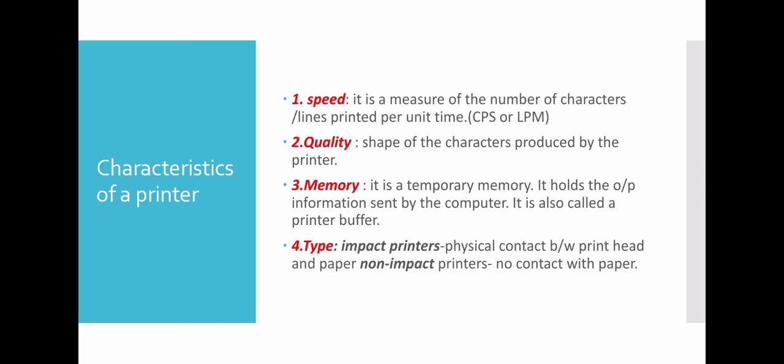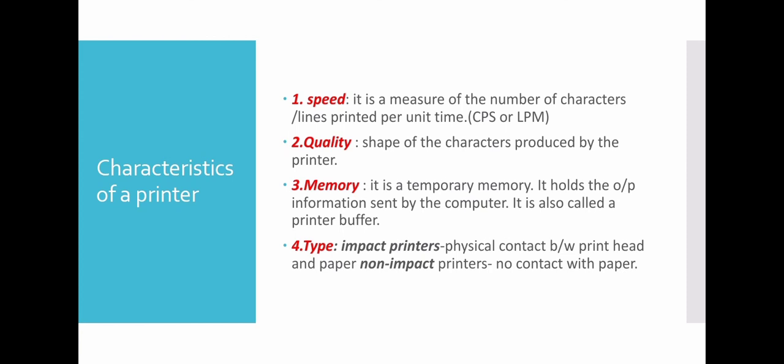Characteristics of a printer are speed, quality, memory, and type. Speed is a measure of the number of characters or lines printed per unit time. Quality is the shape of the character produced by the printer. A printer has temporary memory.